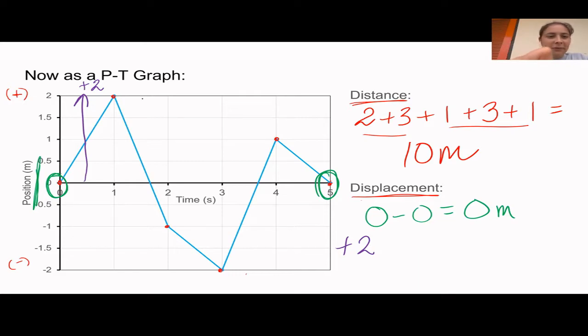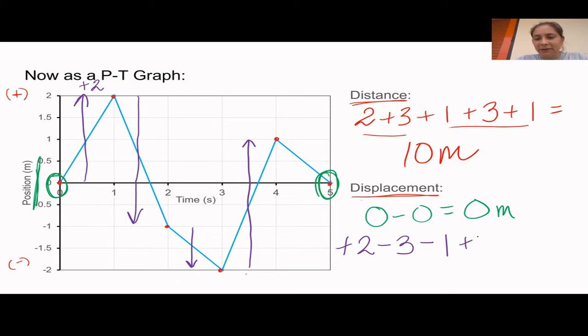Then we went 1, 2, 3 in the negative direction. See, up is positive, down is negative. Then we go one more in the negative direction. 1, 2, 3 in the positive. And then one more in the negative direction.